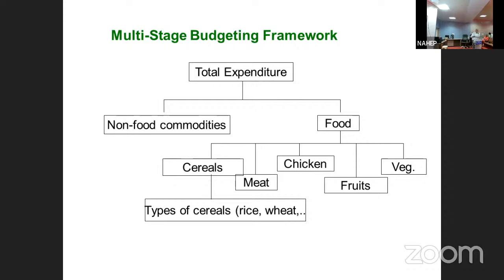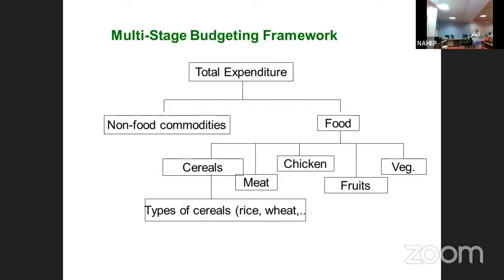Now, after this is my second stage. The first stage is my food expenditure, which is a function of price of non-food, price of food, and total expenditure. Right? In Engel function, we are saying the expenditure on rice is a function of total expenditure.